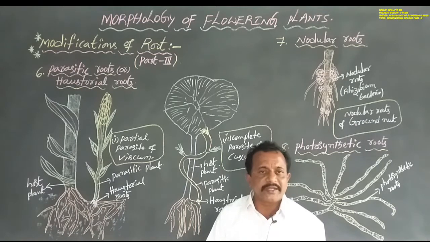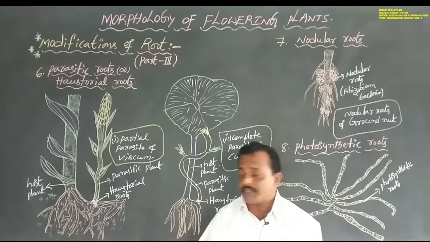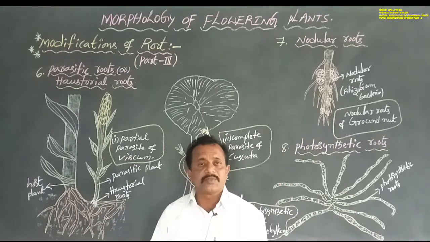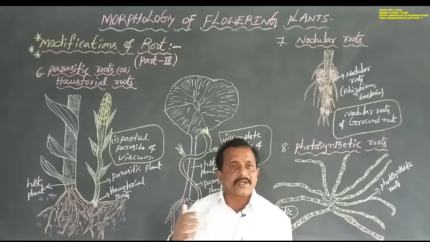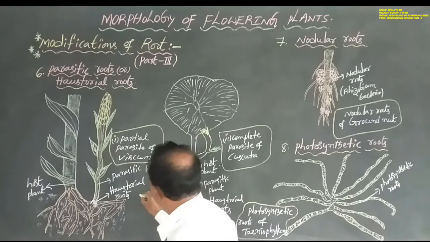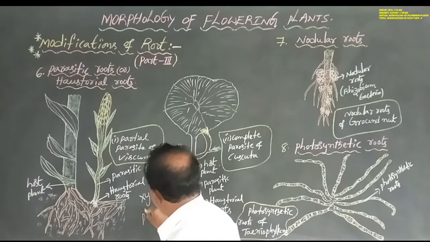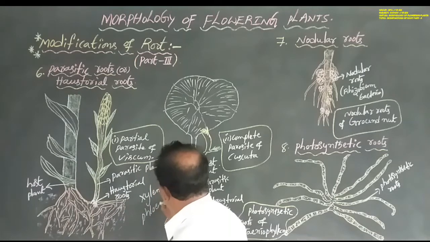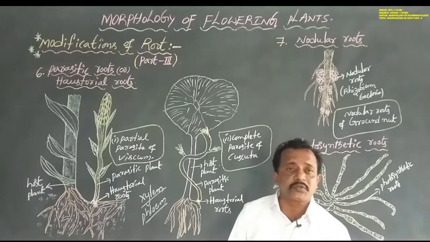Why? Because in general, plant roots always absorb water and mineral nutrients from the soil. The absorbed water and mineral nutrients are transported to the total plant body through the xylem. Xylem and phloem are both vascular tissues.